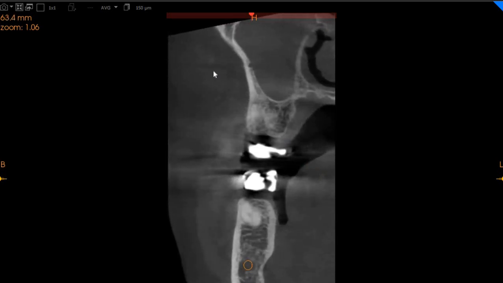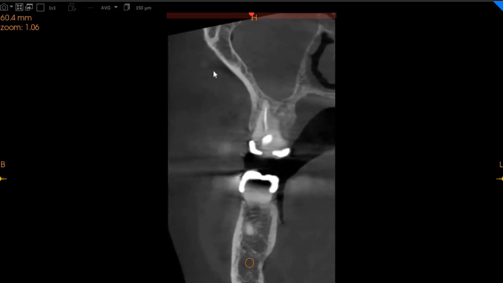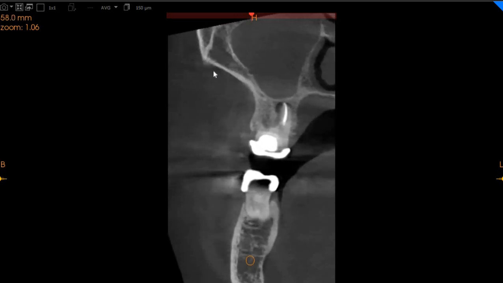And then moving to the upper right second molar, we can see that we've got radiolucency developing in the palatal root right here, and because of this we can assume that this sinusitis is odontogenic maxillary sinusitis, because of this particular second molar having its radiolucency so close to the maxillary sinus.